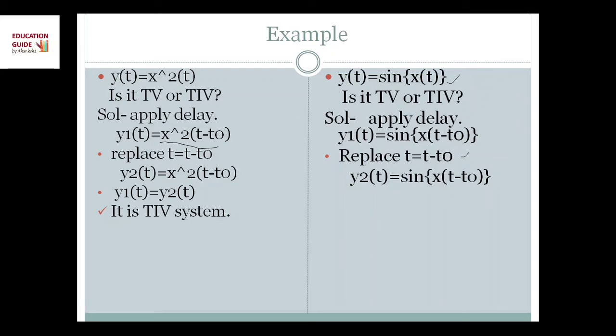Then y2(t) = sine of x(t - t0). So y1(t) is equal to y2(t). It is a TIV system. Both examples are TIV systems.